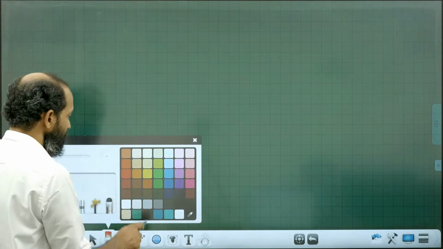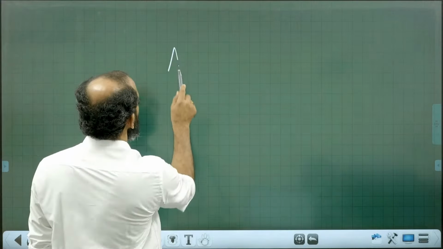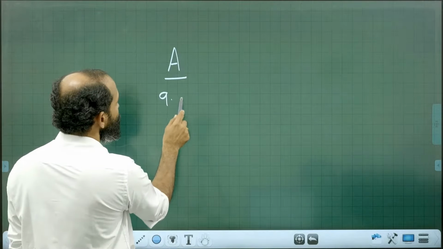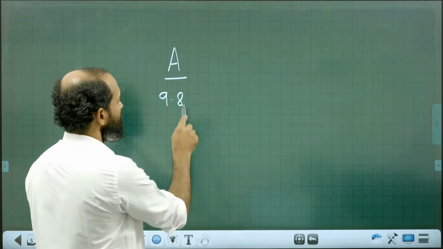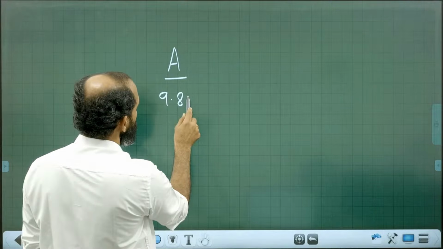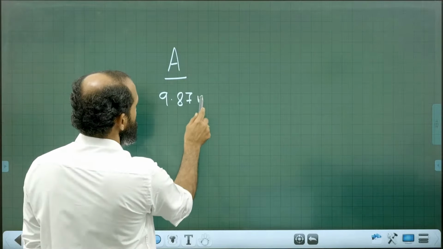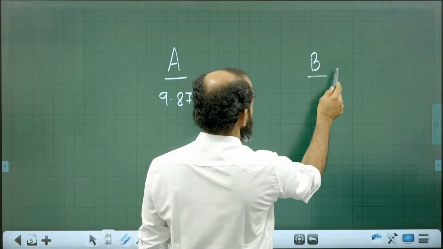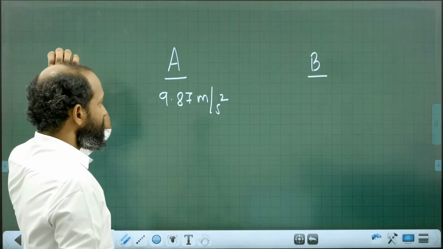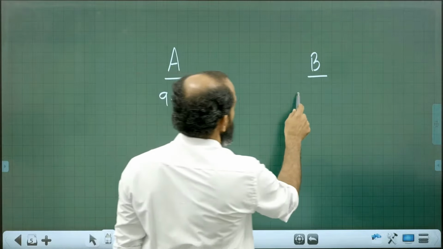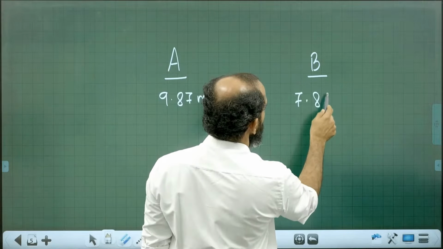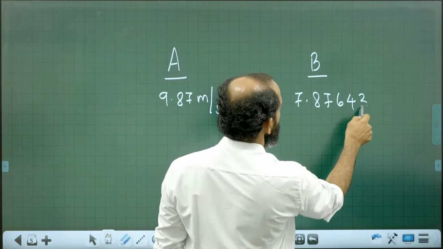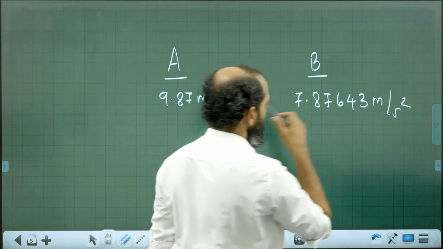Let me tell you one example for that. Suppose a person A measures the acceleration due to gravity at a place on earth as 9.87 meter per second square. Another person B measures 7.87643 meter per second square.